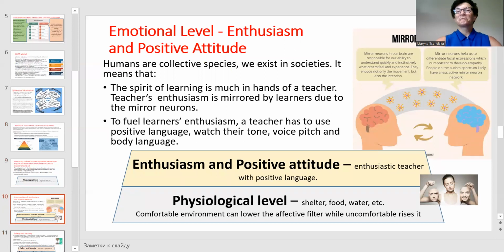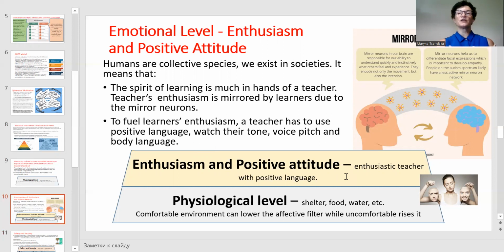Like we have the physiological level, the next level is emotional. We all are humans, we are a collective species, and we exist in societies. Our brains have mirror neurons, and we tend to duplicate the attitude of people around us.